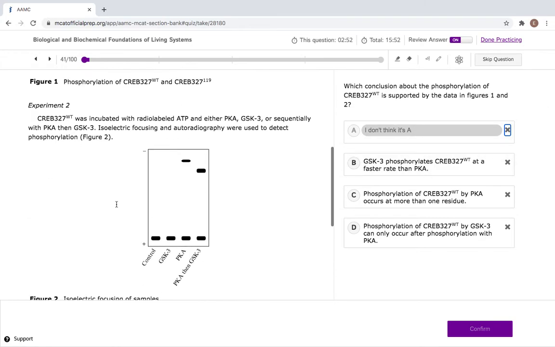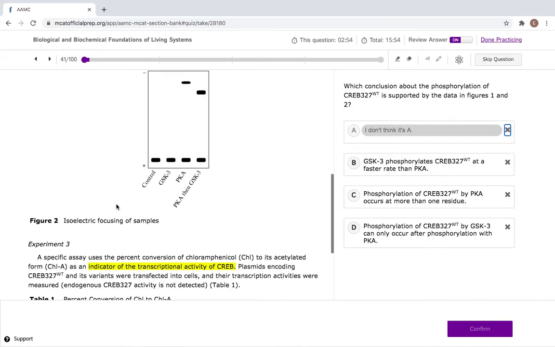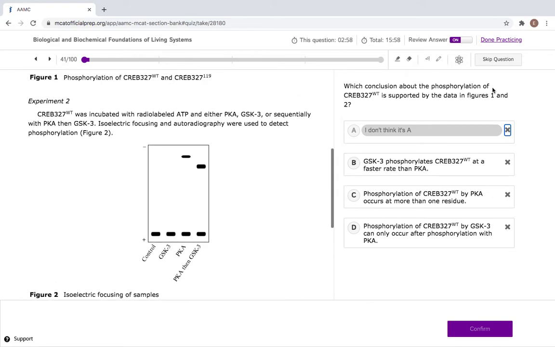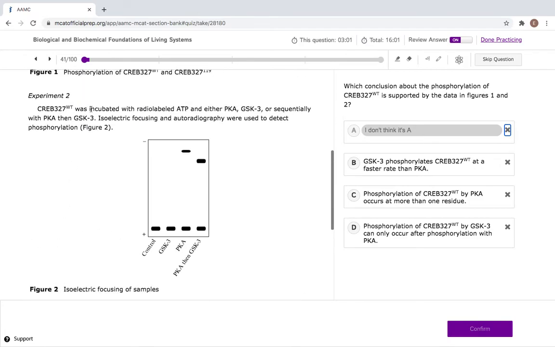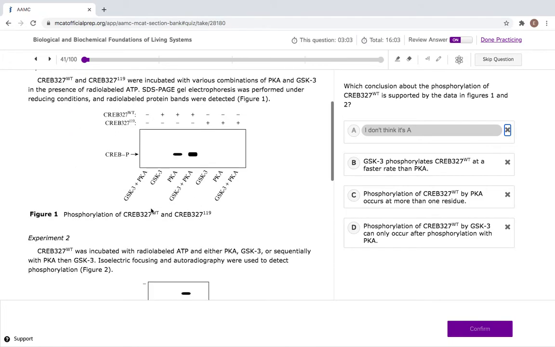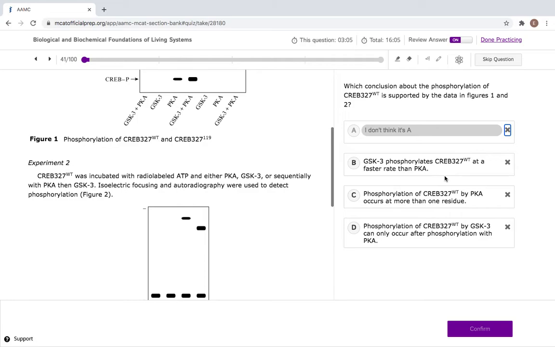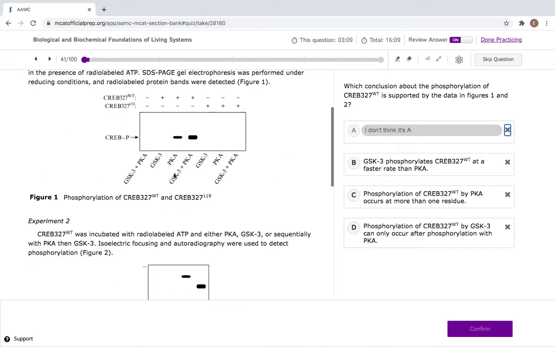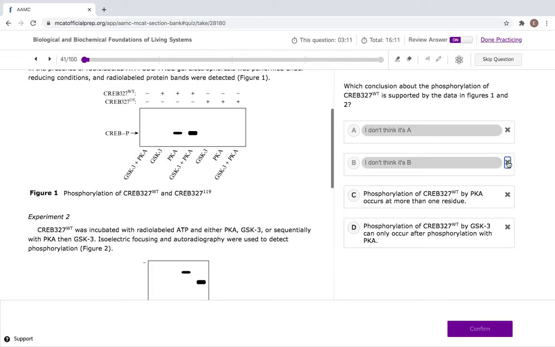Okay. No. They talked about something, percent conversion in table 1, but they're talking about figures 1 and 2. Boom and boom. 1 and 2. This is kind of about table 1, which is down here. It's not these two. So you go away.